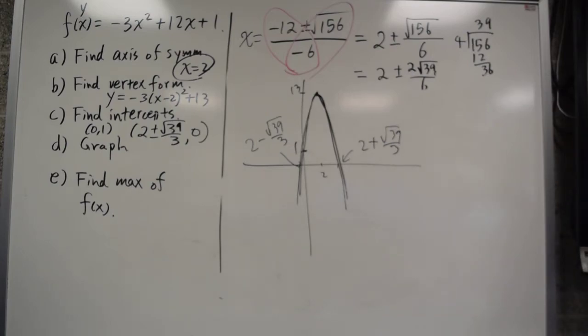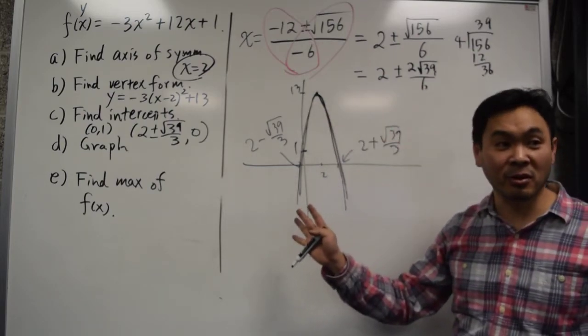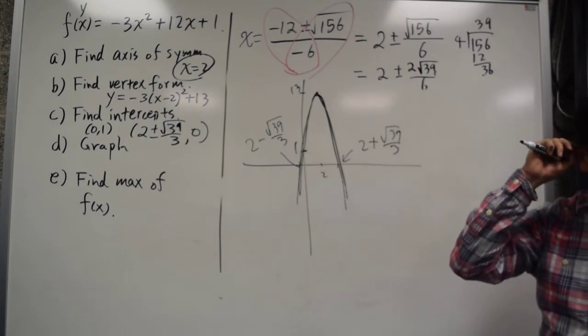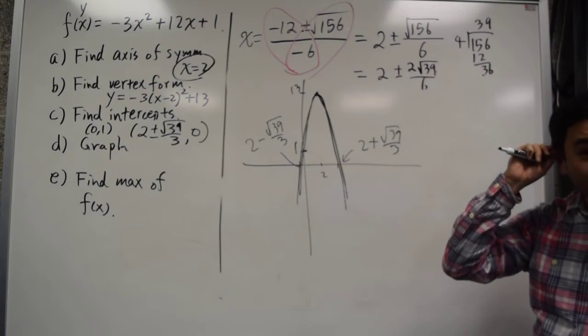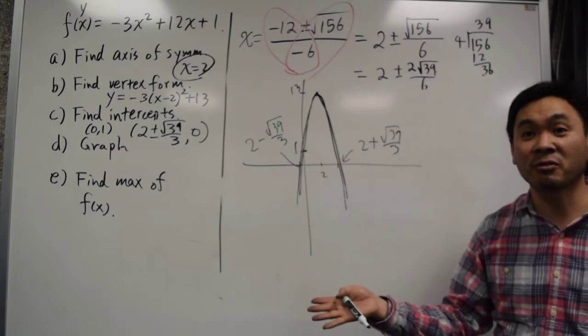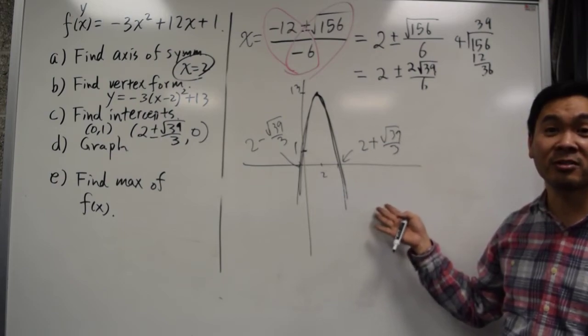And finally, part E. What's the maximum value of f? If you have this graph, we're talking about the value of a function. Is the value of the function the output of a function or the input of a function? The output of the function, right? What's the output of the function that's the highest? 13, right? Of course.